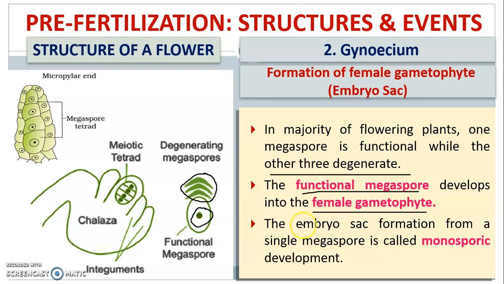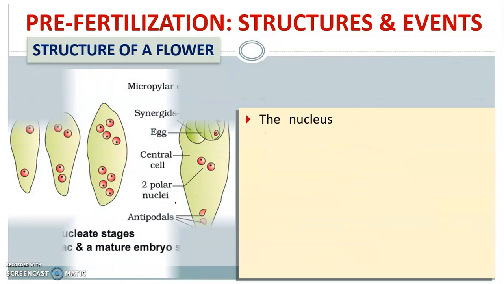Now this embryo sac which is formed from a single megaspore is known as monosporic development. It means the embryo sac formed from one megaspore is called monosporic development. Let's move ahead.